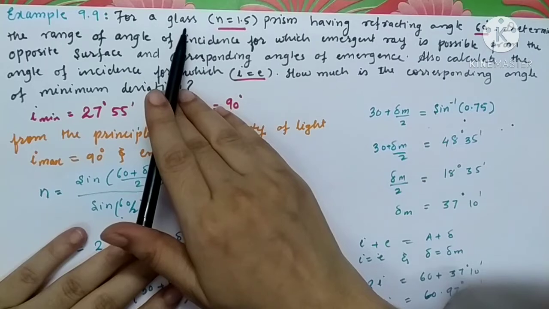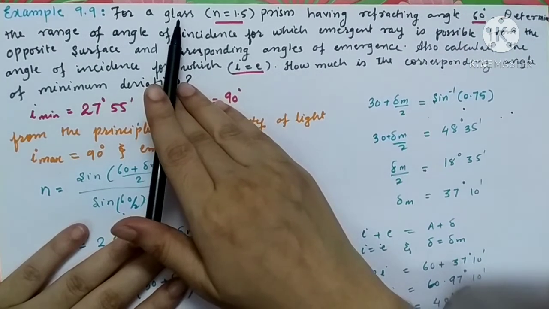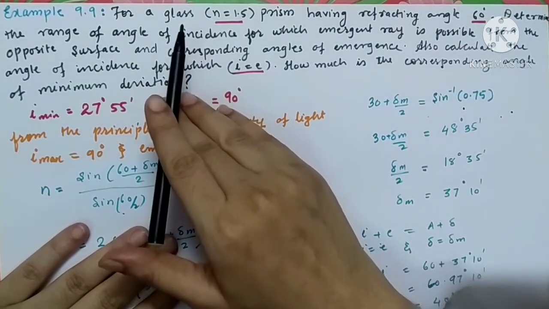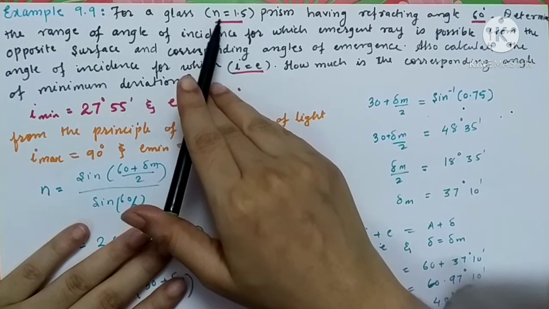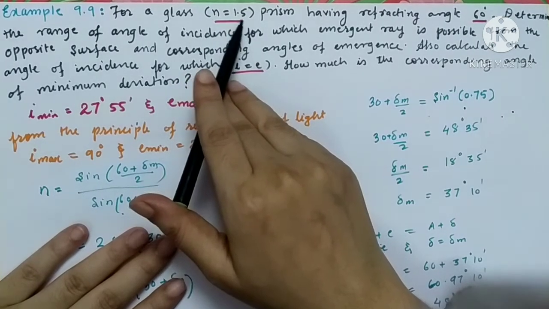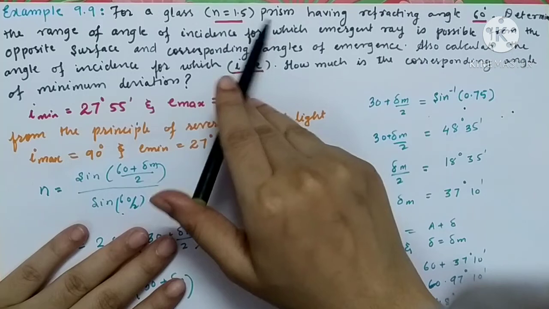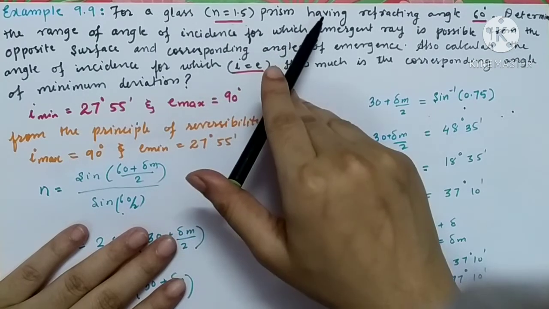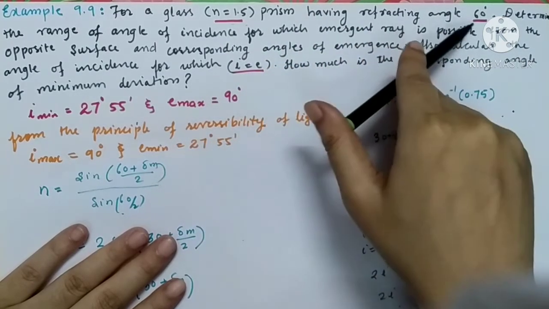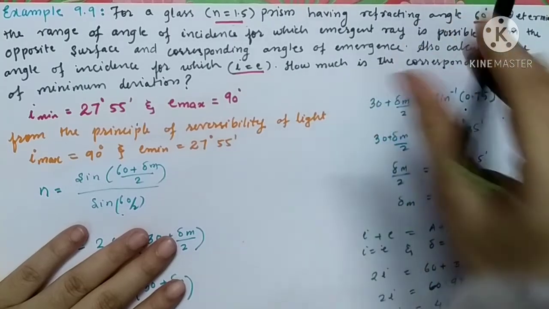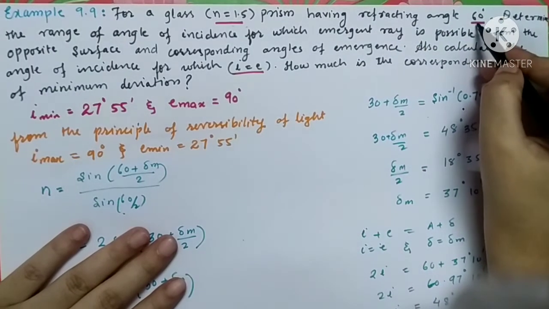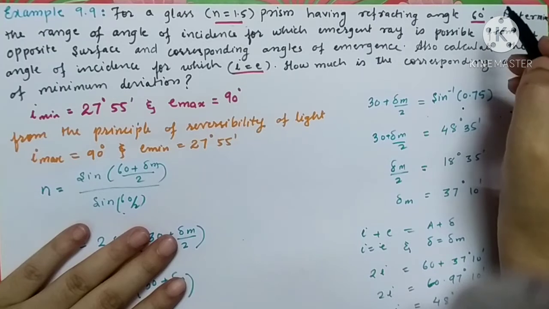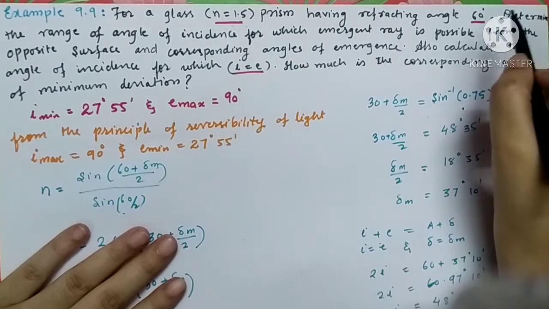For a glass, here we have given refractive index of a glass prism, N is equal to 1.5. So for a glass prism, refractive index 1.5, having refracting angle 60 degree. Refracting angle means angle of prism, angle A of a prism.